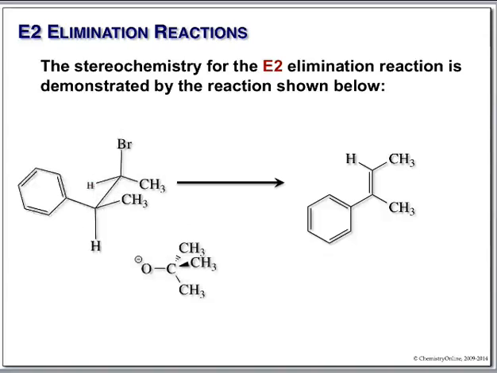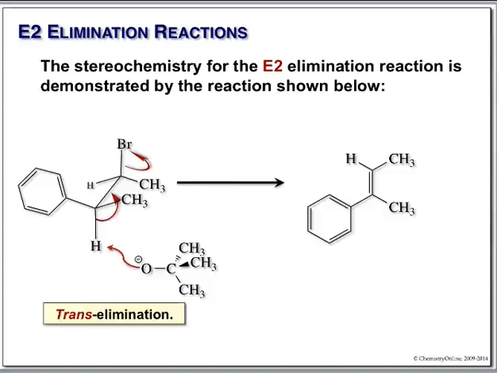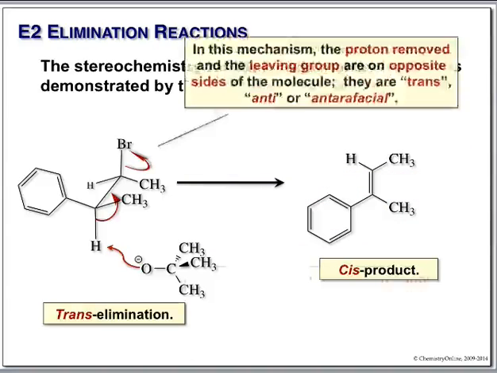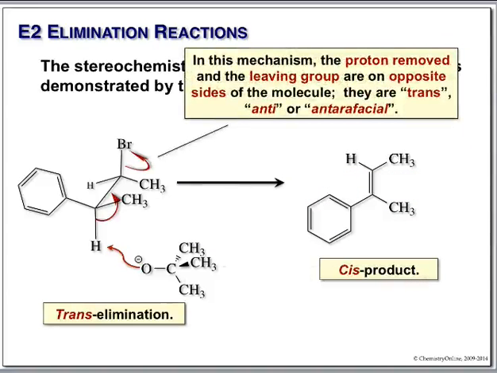All right, to do our elimination, we have to pull a hydrogen off, and the leaving group has to leave. The way I've drawn this is nice and simple. Tert-butoxide pulls this off, the electrons go in, bromine leaves. We call this a trans elimination because this and this, hydrogen and the leaving group, are on opposite sides of the molecule.